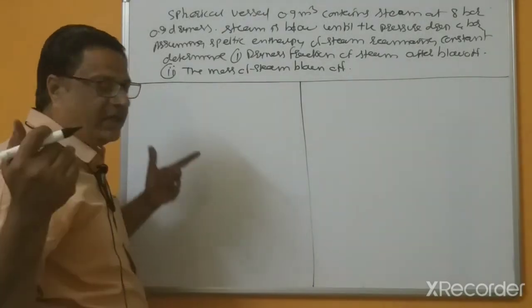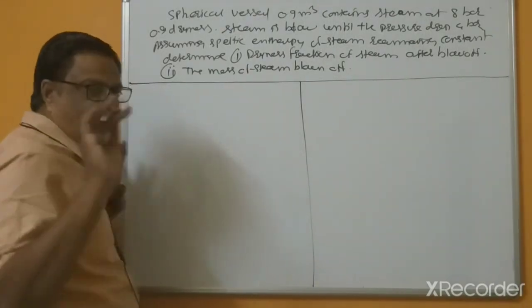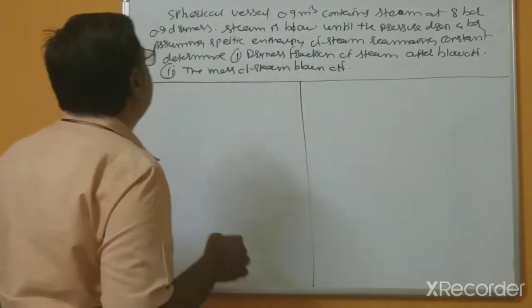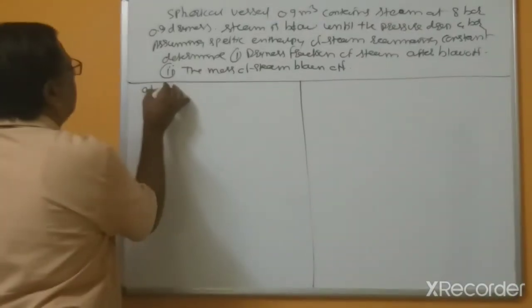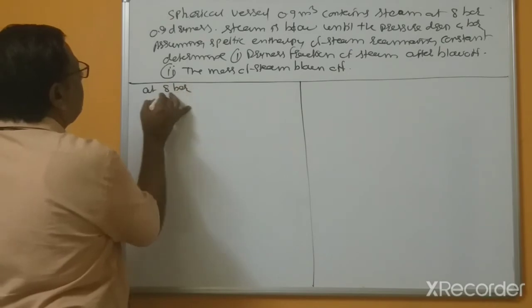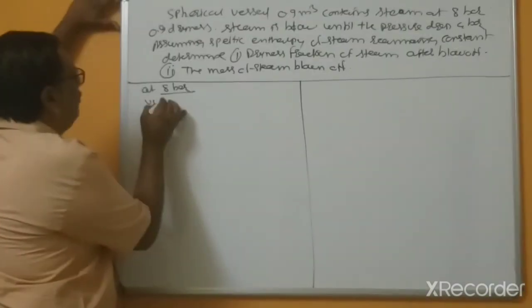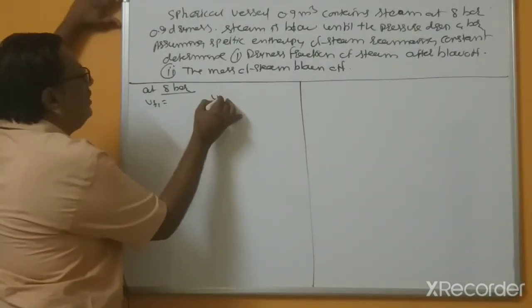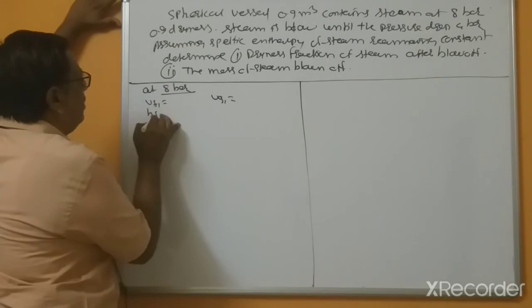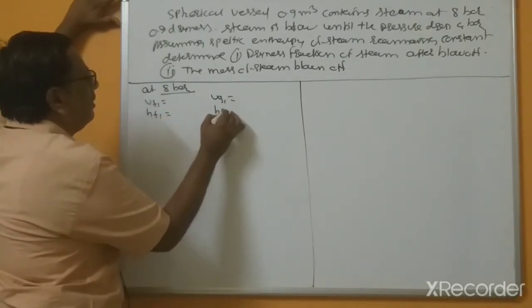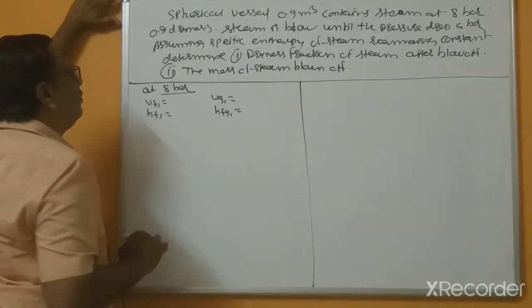First we will try to extract the properties using steam tables. According to the givens, properties of the steam at 8 bar, with dryness fraction, we require vf1, vg1, hf1, hfg1.